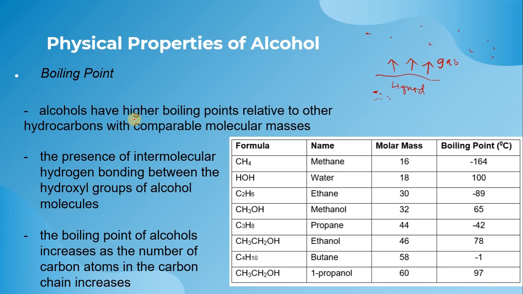Alcohols have higher boiling points relative to other hydrocarbons. Why? Because, again, we have this special OH nga atong buko ng bond. Okay. The presence of intermolecular hydrogen bonding between the hydroxyl group of the alcohol molecules makes it a little harder to boil.